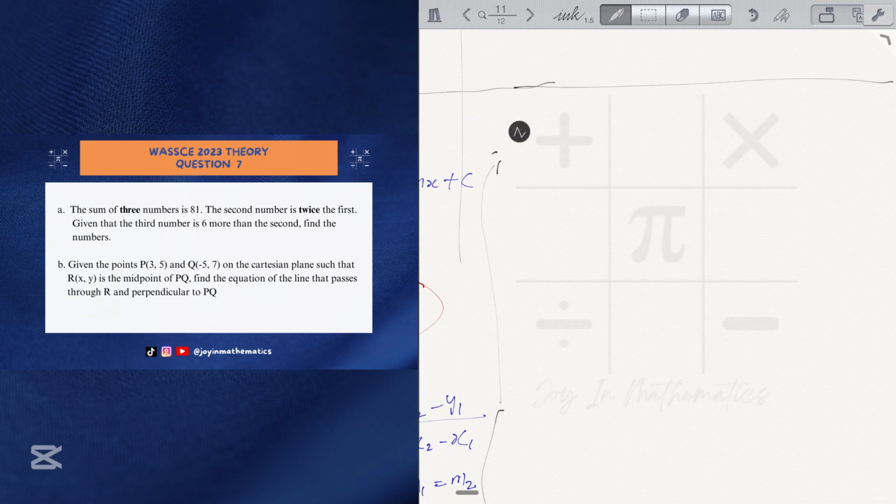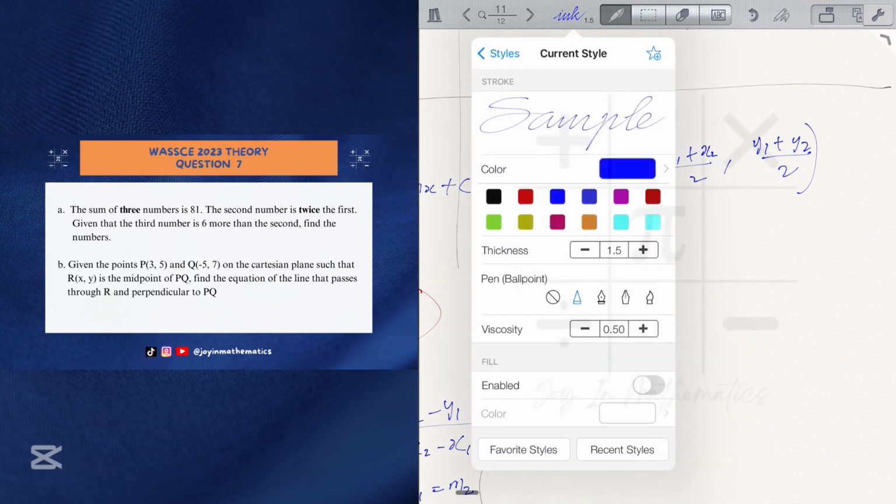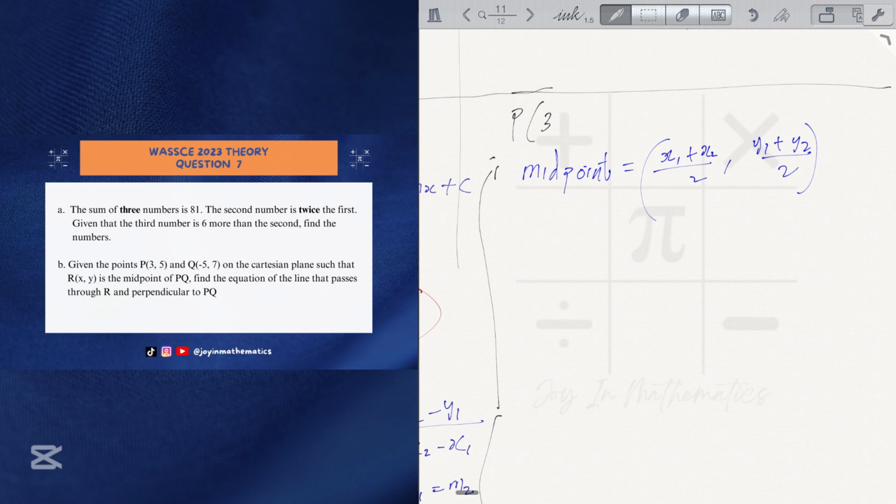The midpoint of a line is given by the sum of the points, that's (x1 plus x2) divided by 2, (y1 plus y2) divided by 2. Now we are considering the point P, which is (3, 5), and Q, which is (minus 5, 7).